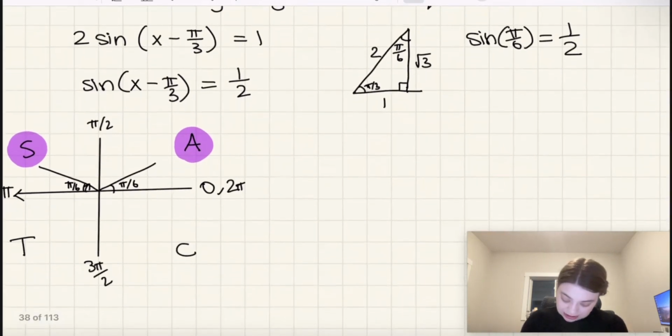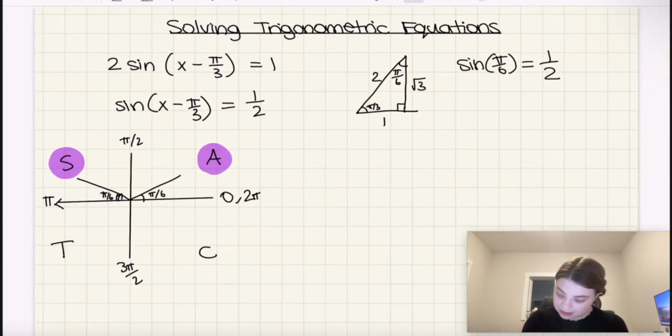That's what this angle over here would be. I'm going to draw the angle I'm talking about. Therefore, this angle would be 5 pi over 6 because the two angles together would have to be a full pi. And so therefore, that's the answer. That tells us that sine of 5 pi over 6 also is equal to 1/2.